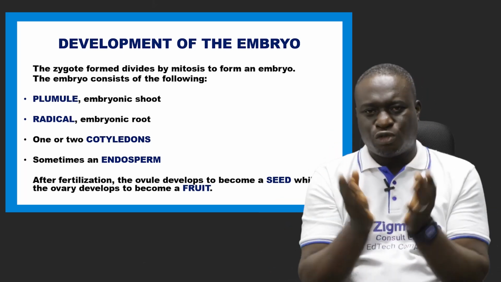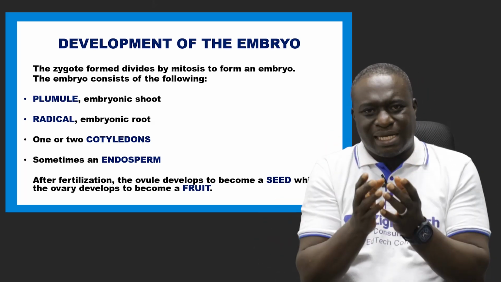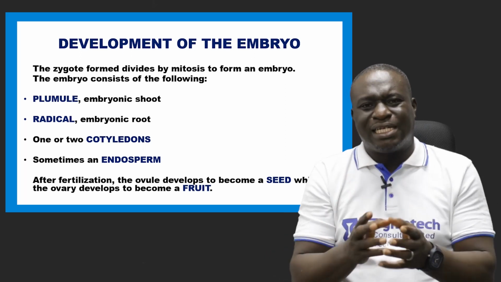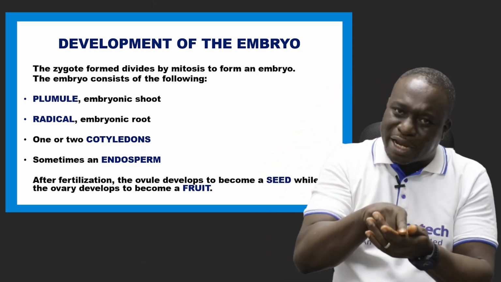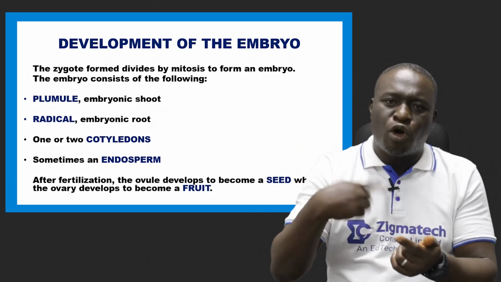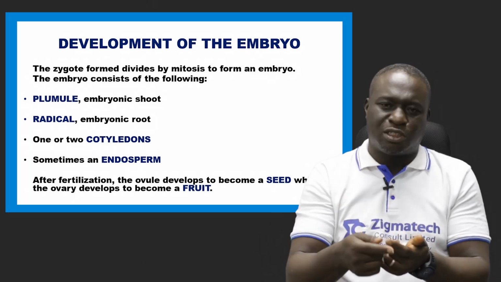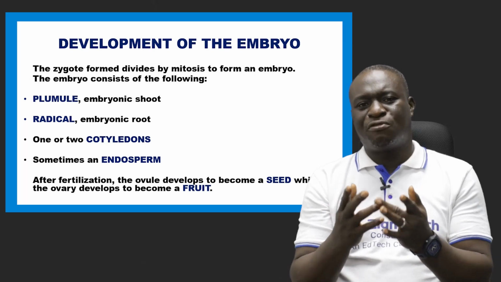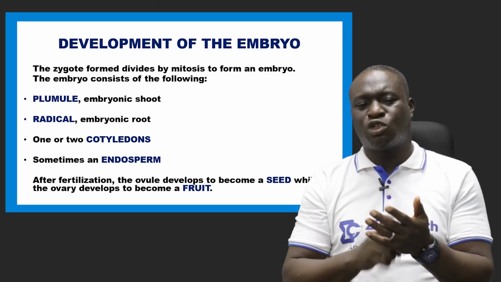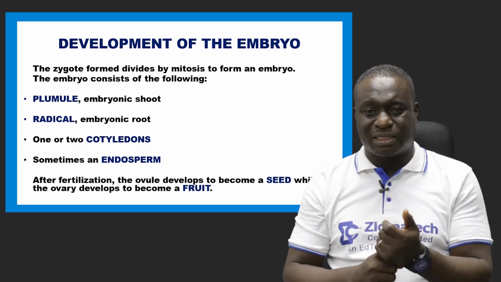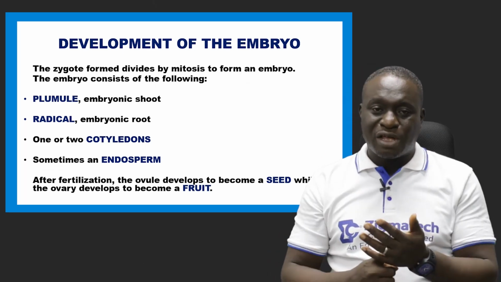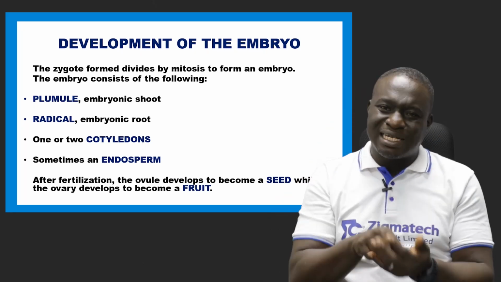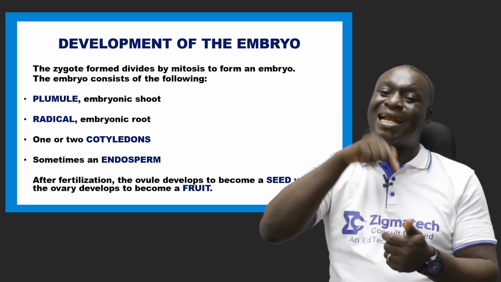So you have a fruit which carries a seed, and inside of the seed you have an embryo that is a growing or a developing young plant which has life. Okay, so once you get any particular fruit, note that if there is a seed in it, that seed also has an embryo.